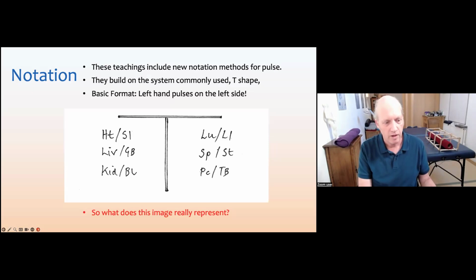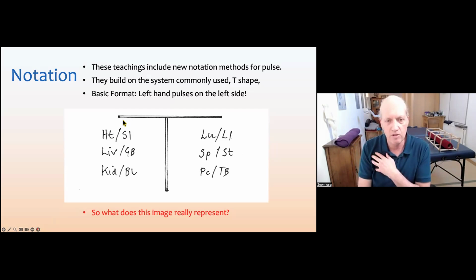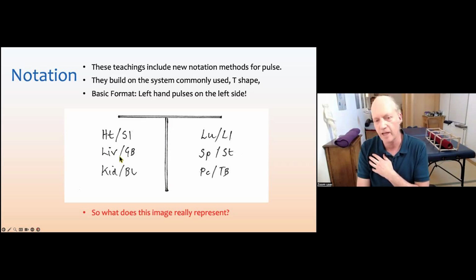Okay, so the notation, as I have mentioned previously, does build on this so-called T-shape system, with the left side of the diagram being the left side of the body, the right side of the diagram the right side of the body, and the top of the T represents the wrist bone, and the body of the T going up and down is basically a demarcation of left and right.